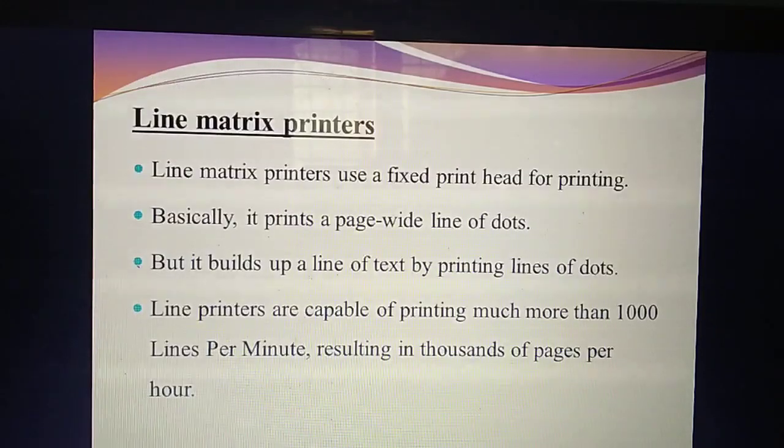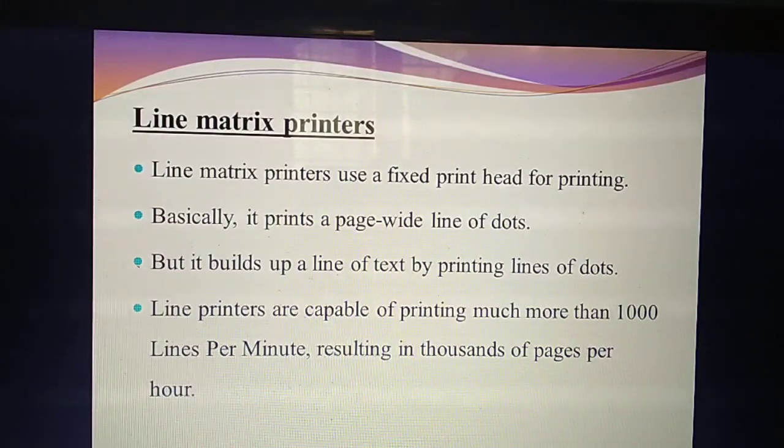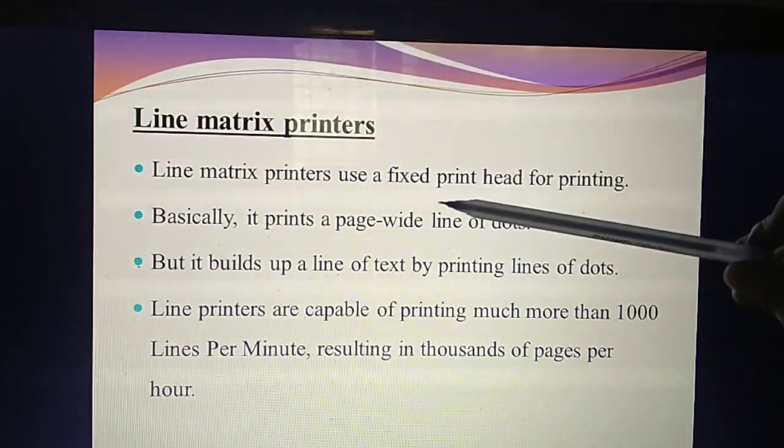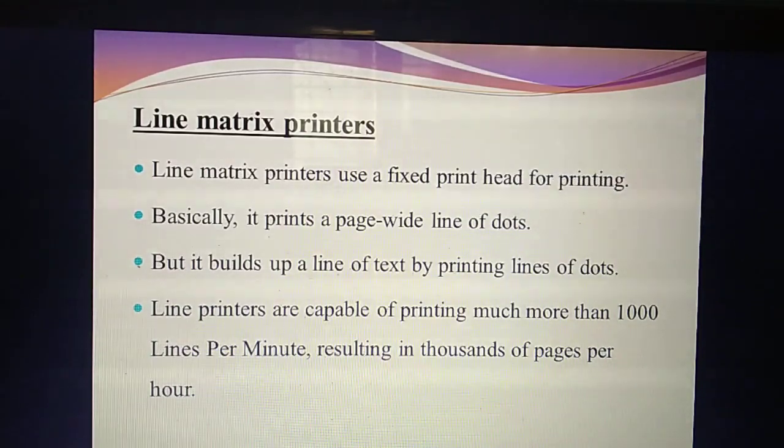Understand? Now what's the next impact printer? Line matrix printers. In a dot matrix printer we said fixed number of wires or pins. Likewise, a line matrix printer uses a fixed print head for printing.